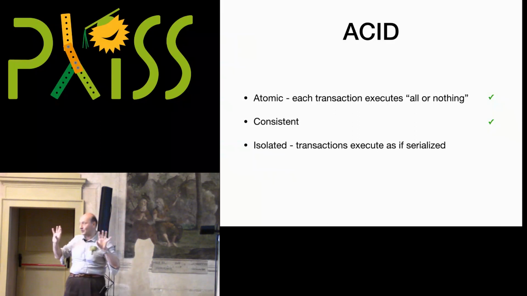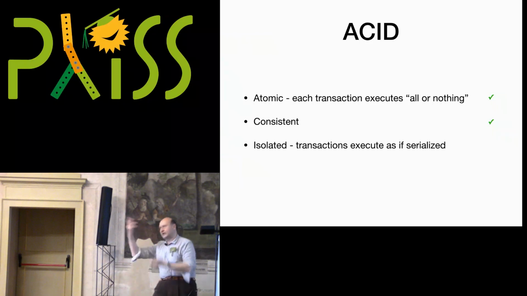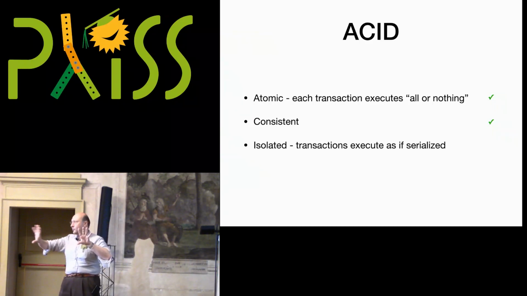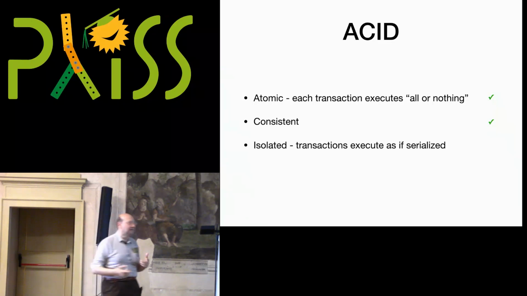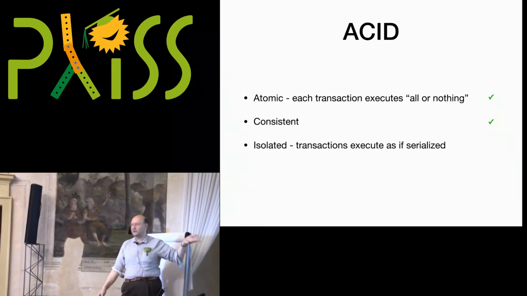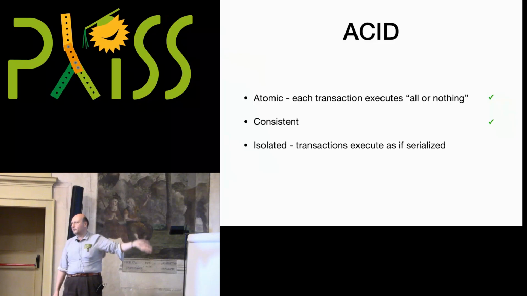What the databases actually do is give you this illusion, meanwhile juggling all of the balls underneath. These things are actually running concurrently, and if they conflict in some way, if one of them reads something that the other one has written, there's an abort and a retry. There's a vast amount of machinery to implement this, and it's not what we do when we write programs in concurrent programming languages.